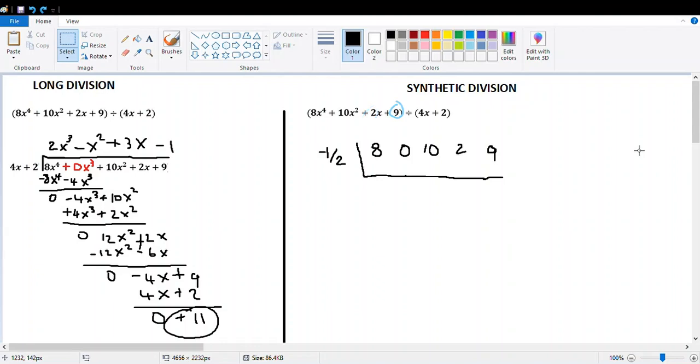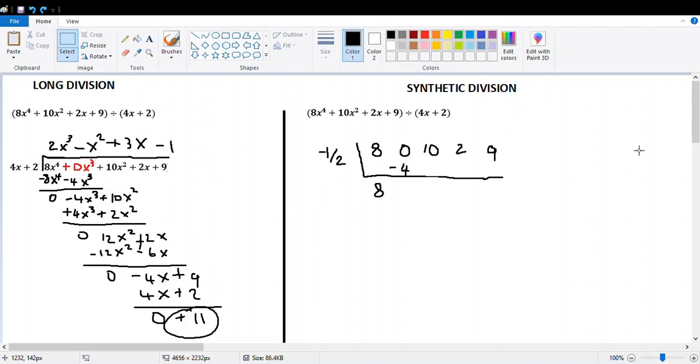That's it. Now we have to bring the first number down. In this case it's 8, so put it down. Now multiply this 8 times negative 1/2. 8 times negative 1/2 is negative 4. Copy it under the second number.